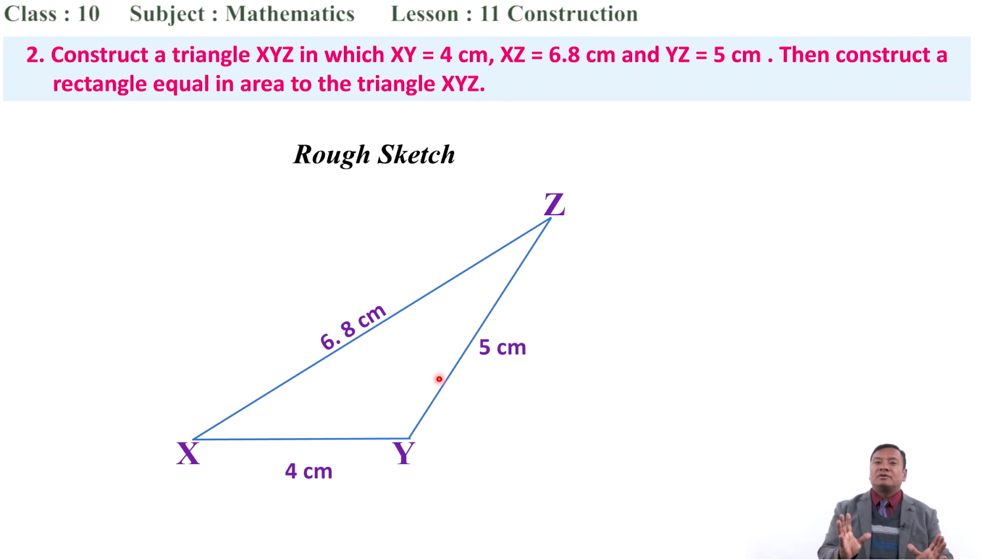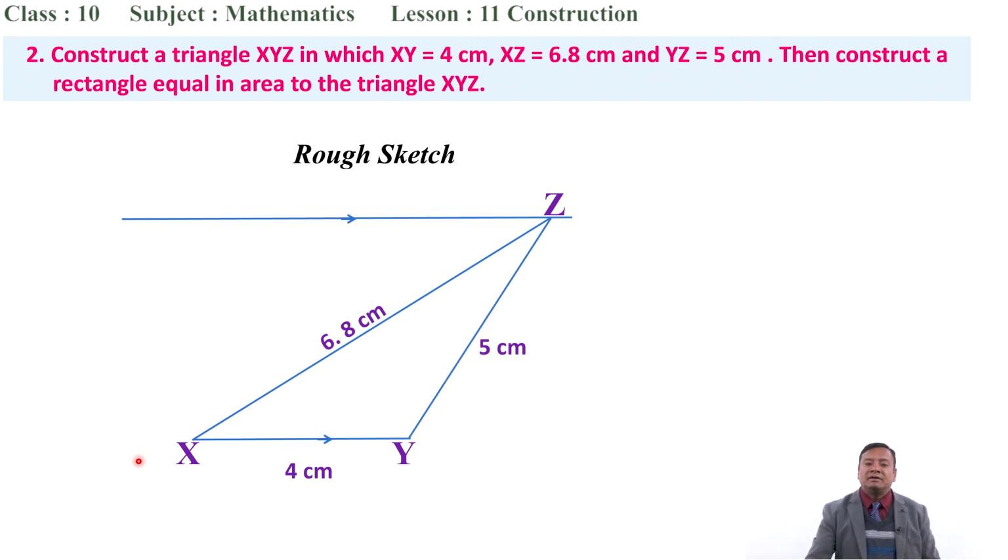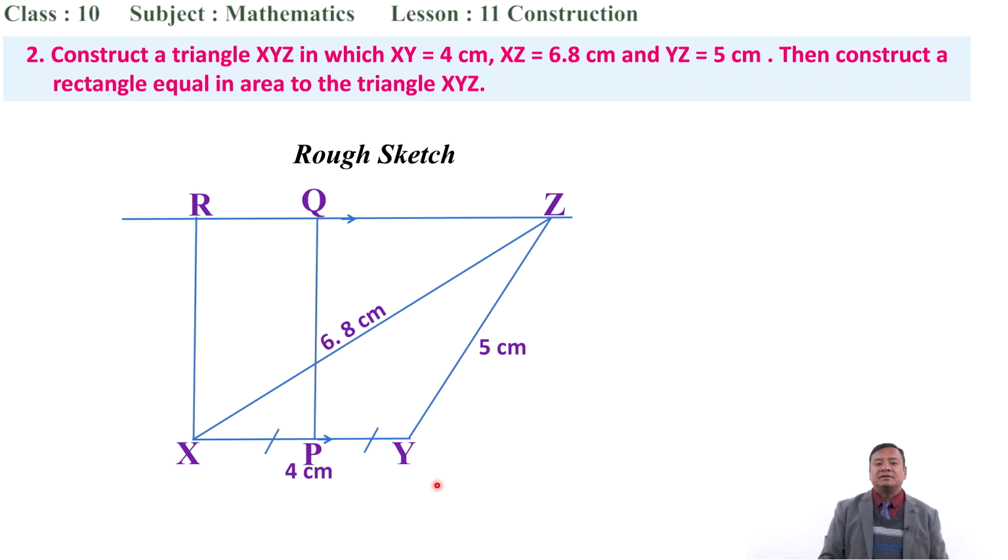First we have to construct the triangle. Here 3 sides of the triangle are given, and then we have to draw a parallel line through the point Z which is parallel to the base XY, and then we have to get the middle point of XY, and on that half base we have to make a rectangle.